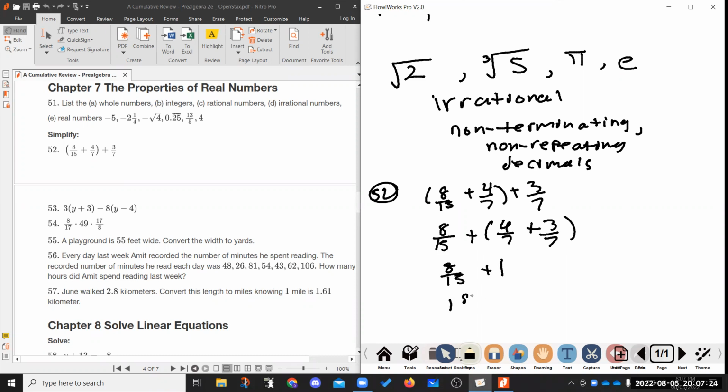So that's 1 and 8/15, which is the same as 15 plus 8 over 15, which is 23/15. So I will take either 1 and 8/15 or 23/15 as a final answer.